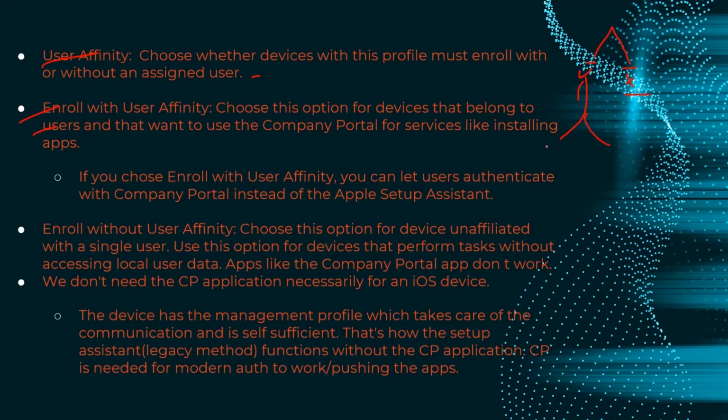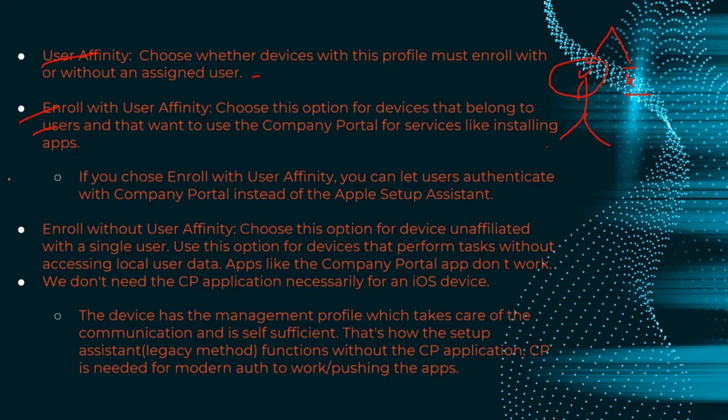See, it's so logical, right? If you are saying that the device should be associated with a specific user, therefore you are choosing user affinity, that is this option. Now if the user is affiliated with a specific device, then the user has to be authenticated, right? Only then the user affinity will happen. Now how will you authenticate the user?